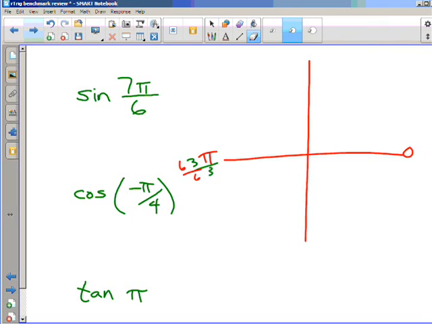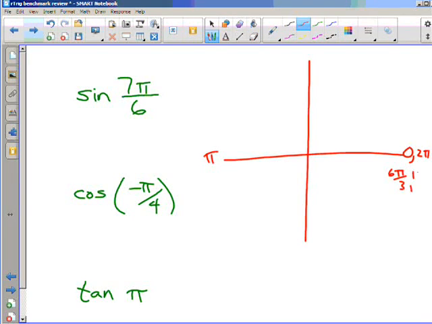And then of course all the way around, that would be 2 pi or 6 pi over 3 or 12 pi over 6 if I'm talking about thirds or sixths.